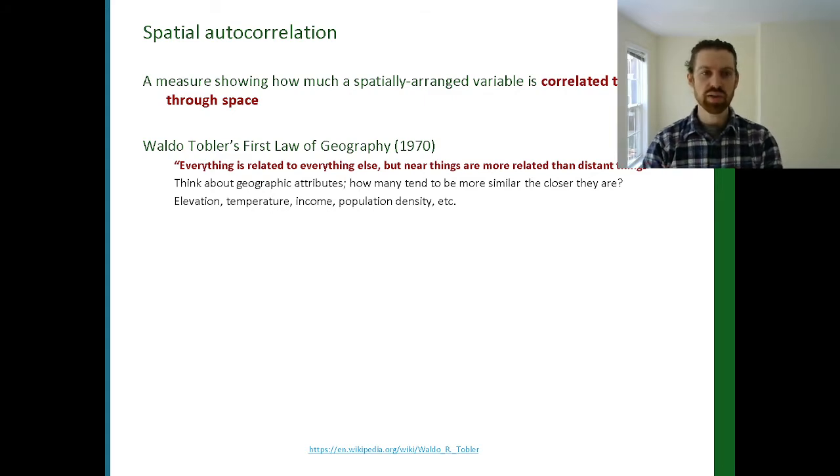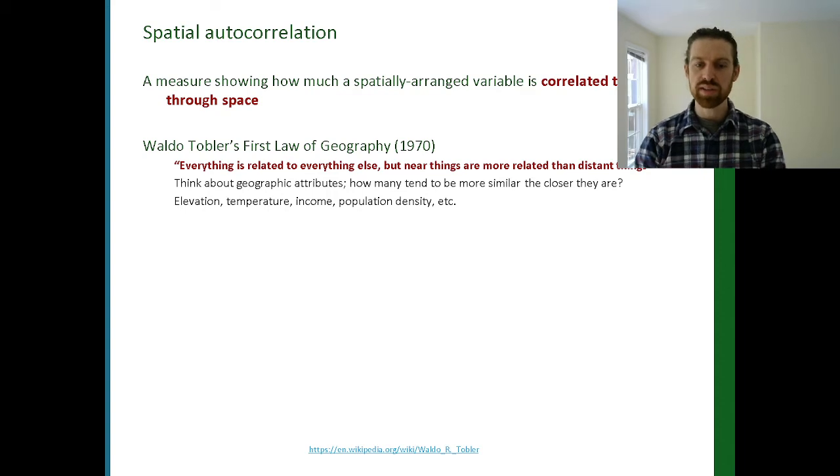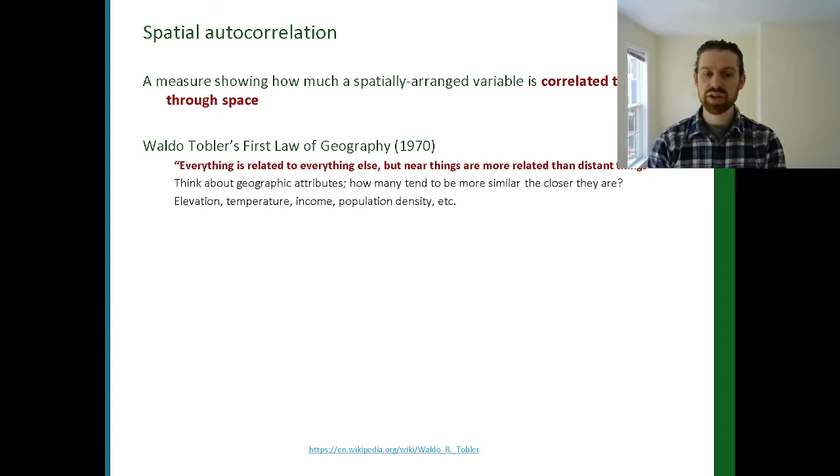It's worth checking out Tobler, so I've given you the wiki at the bottom here. I think he finished off his years at University of California, Santa Barbara, which is a great place to do spatial research. And this gives you an idea of the caliber of faculty they've had, because everyone knows this phrase within geography, right?